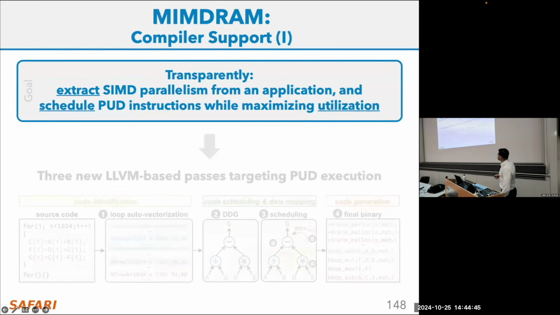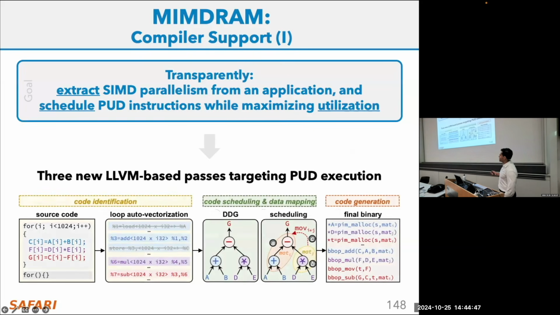On the software side, we implement some compiler passes on top of LLVM to identify loops that are candidates for processing-using-DRAM computation, and do some pre-scheduling of the computation so that I can tell my control unit that some operations need to be executed in the same mat because they are data dependent, while other operations can be executed in different mats because they have no data dependence between them.